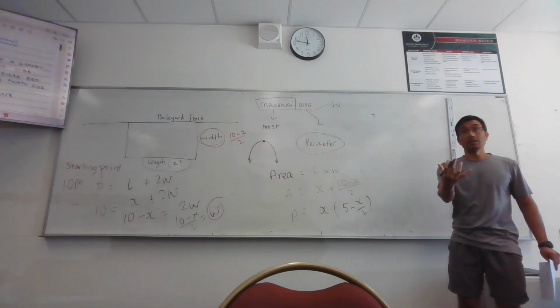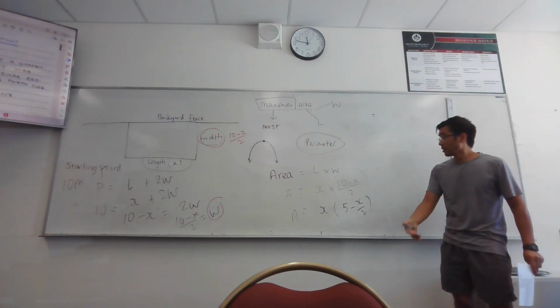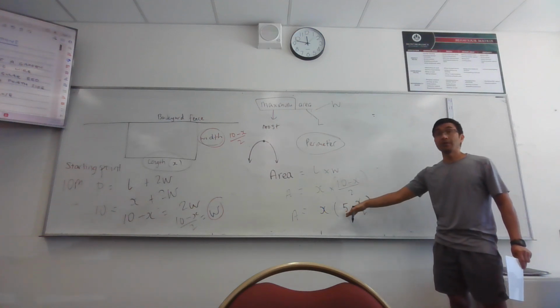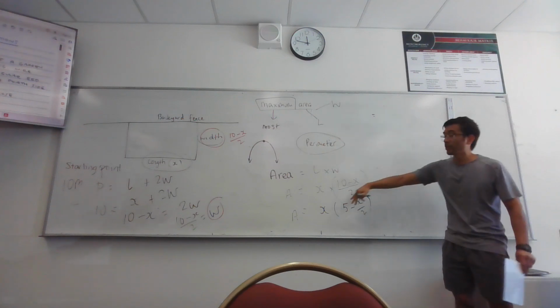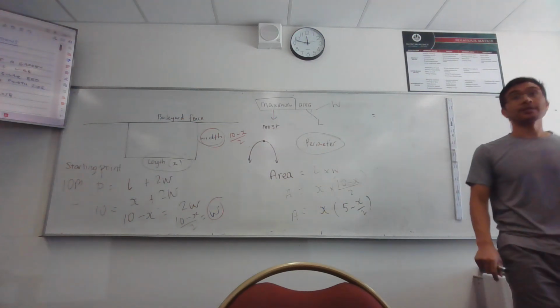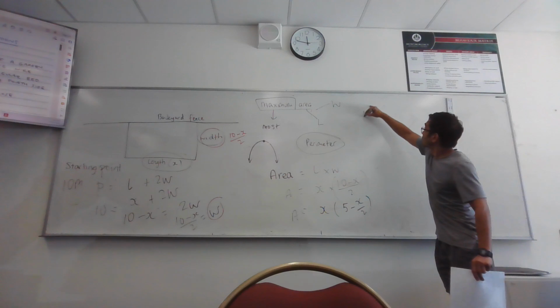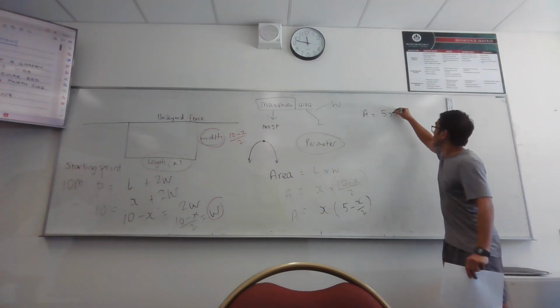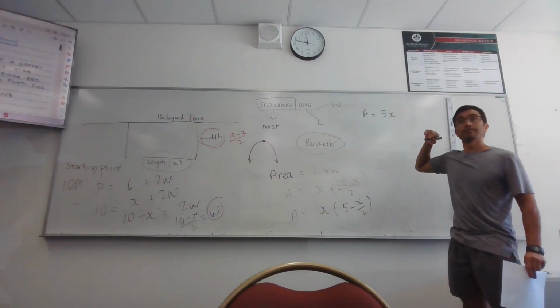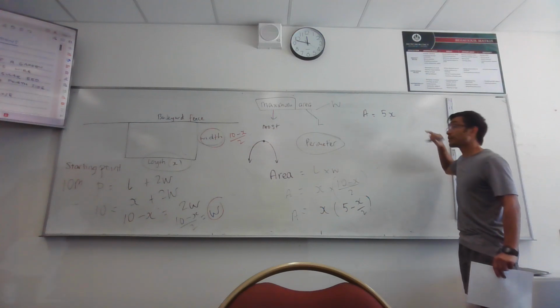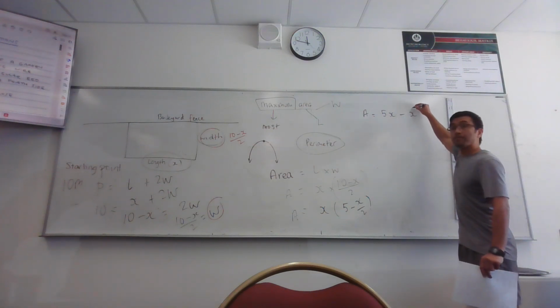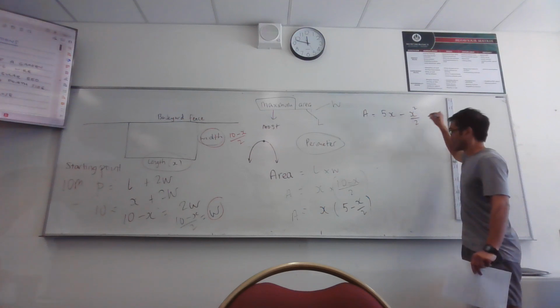And now we can actually multiply them out. X times 5, how do I expand that out? What would it become? 5x. And also minus x squared over 2.